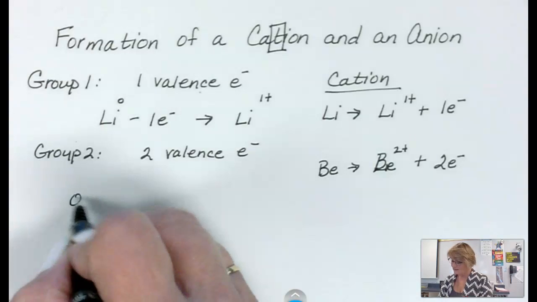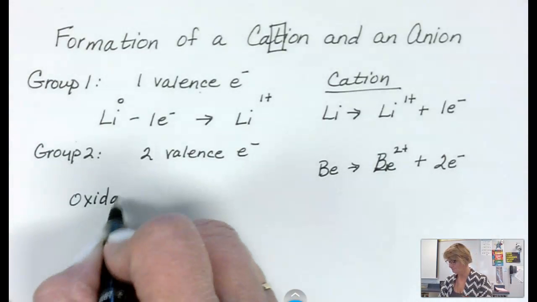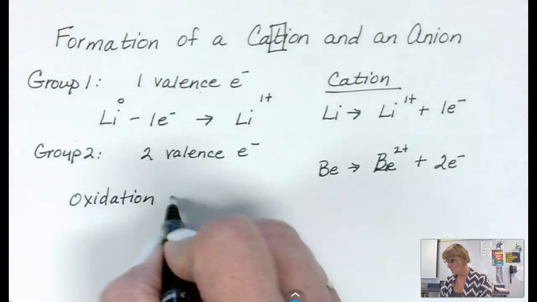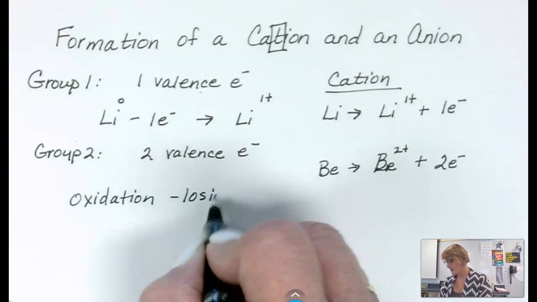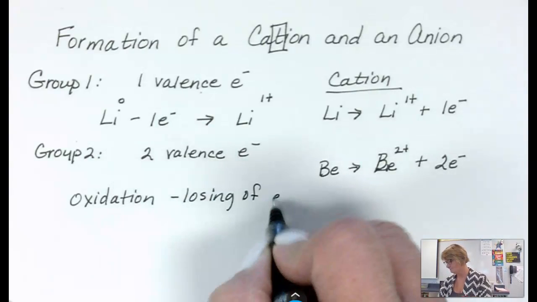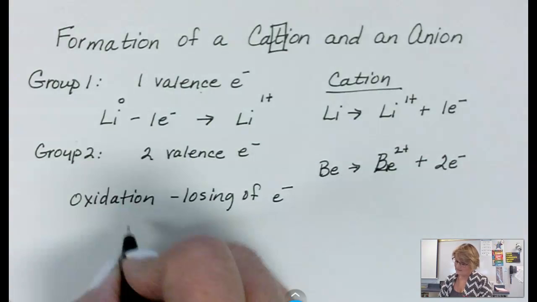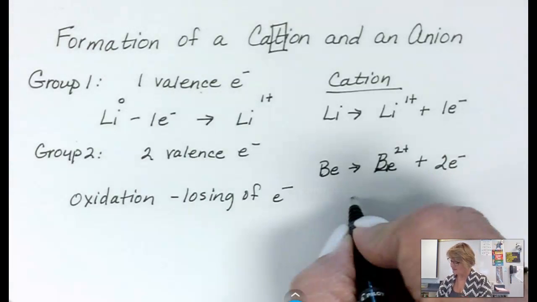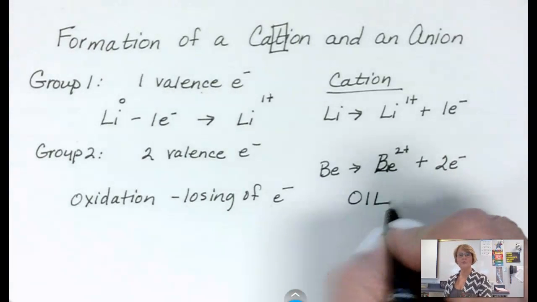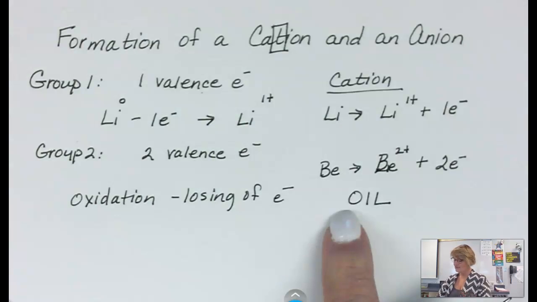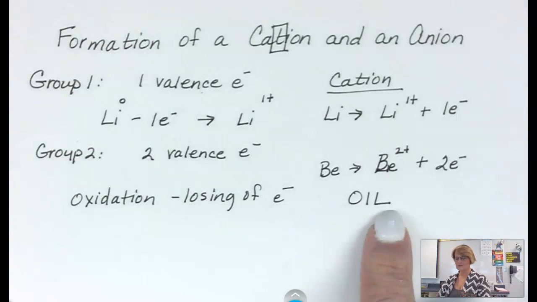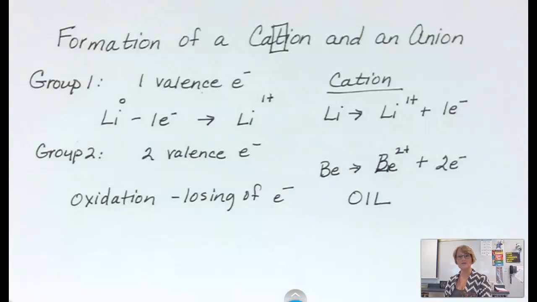Again, that is called oxidation, which is the losing of electrons. You'll also see the words OIL RIG, which we'll talk about. Oxidation is the loss of electrons. That would be the way to remember which one is oxidation and which one is reduction, which we'll talk about in a minute.